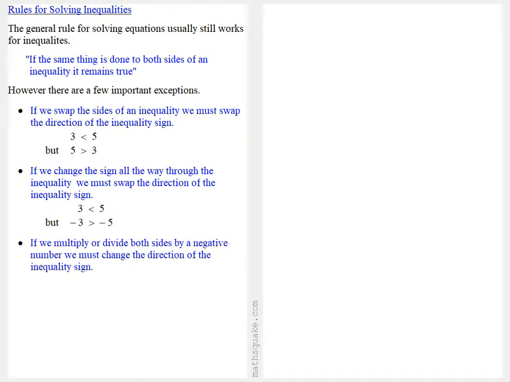And the third exception, if we multiply or divide both sides by a negative number, we must change the direction of the inequality sign. So, -2 is less than or equal to 5, but if we multiply both sides by -3, we get -2 times -3, which is 6, is greater than or equal to 5 times -3, which is -15.